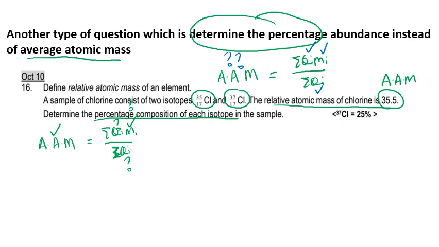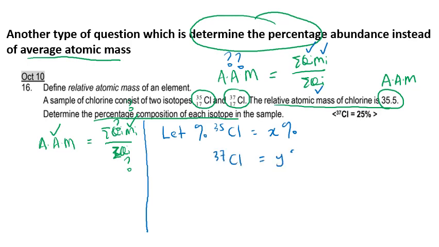However, we still need to solve this problem: one formula with one unknown. Now we are going to do the calculation part. If the abundance for chlorine-35 is X%, the abundance for chlorine-37 will be Y%.